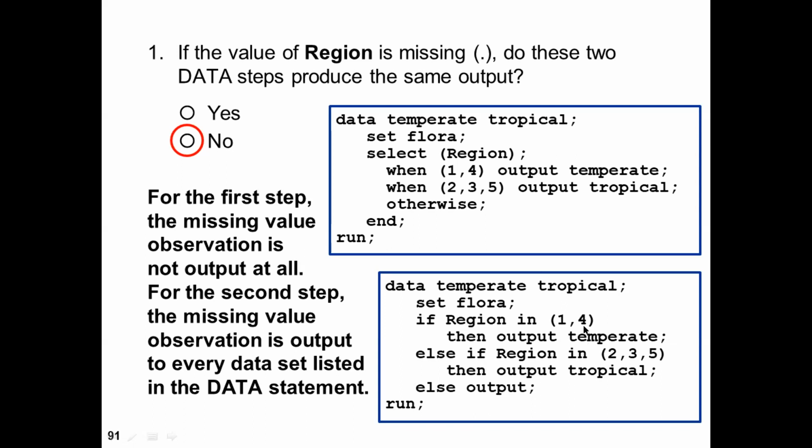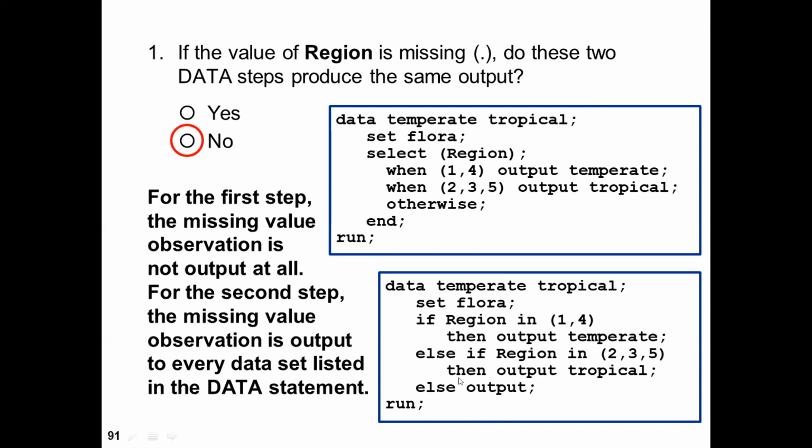Whereas here, along with 1, 2, 2, 3, 5 respectively in temperate and tropical, it will also write the missing value to temperate and tropical because of else output. If you had not written this, then you would not have any missing values written to either of these two data sets.